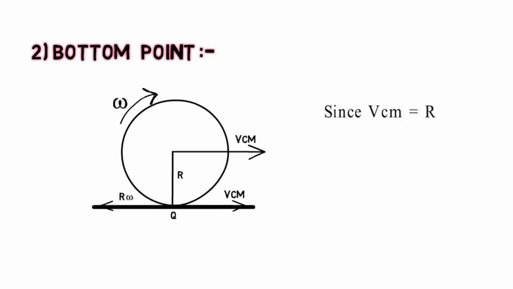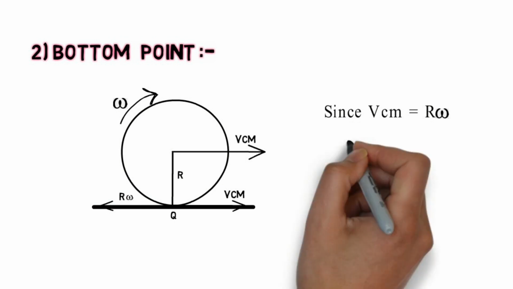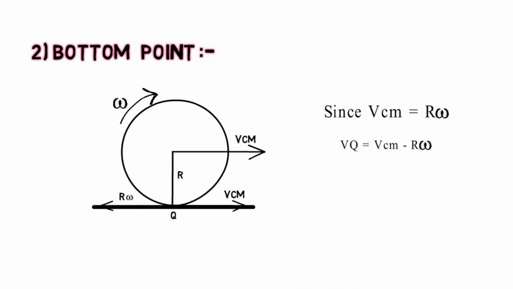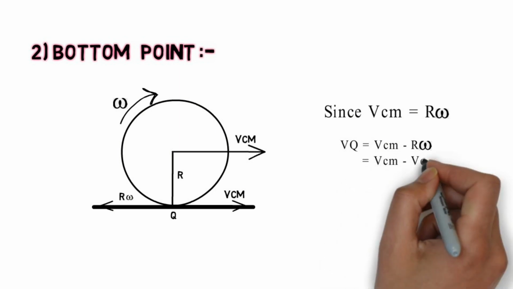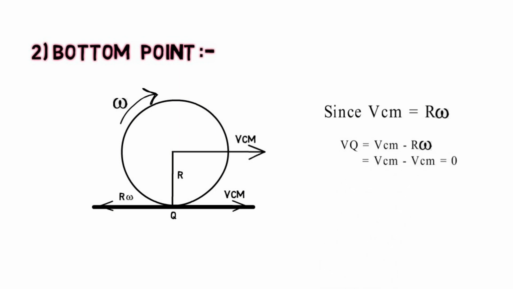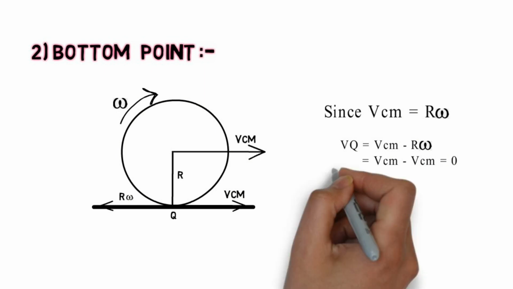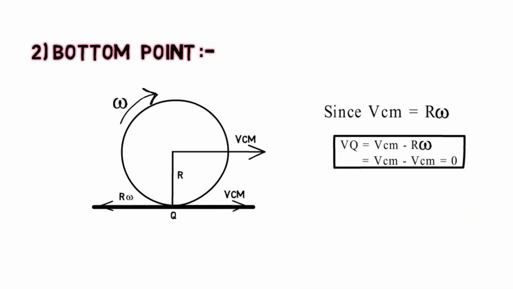So simply we can write that the velocity of Q will be equal to VCM minus r omega, and again from that condition which we are telling again and again, that is VCM equals r omega, these two will cancel out each other, and what we are left with at the end is 0, as we had derived previously with that graphical method. Here you can say mathematically again, this will cancel out.